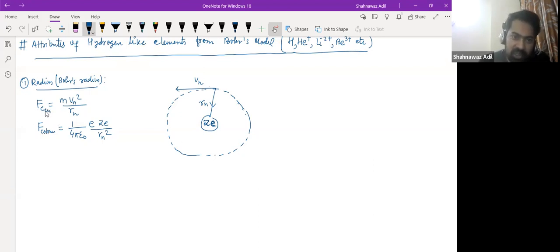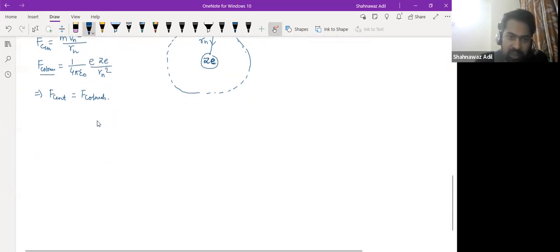The centripetal force is provided by the Coulomb force, so F centripetal equals F Coulomb. I have not written the direction, because this would be minus of that. I'm only talking about the magnitude.